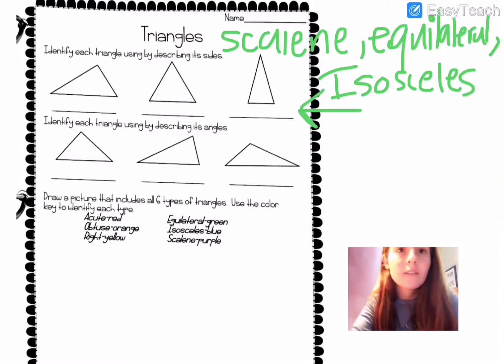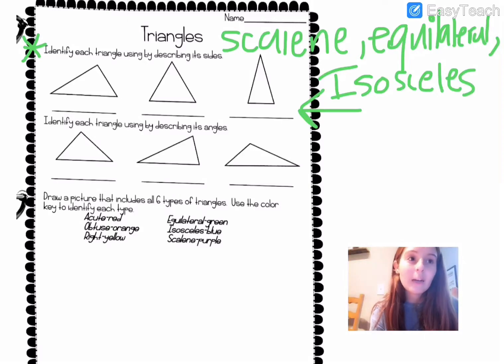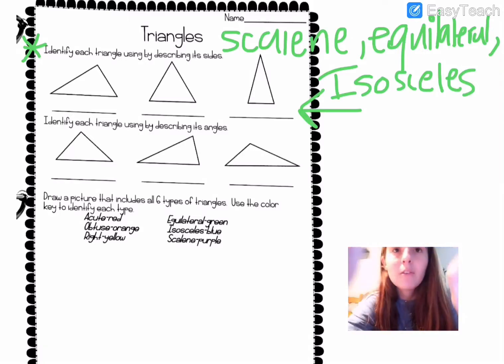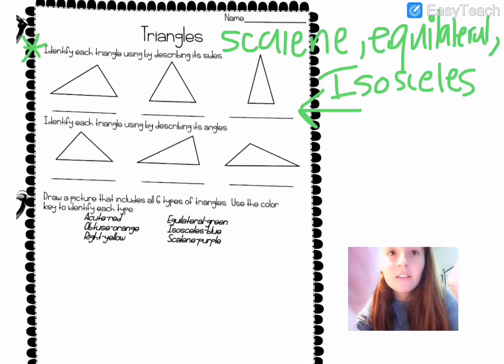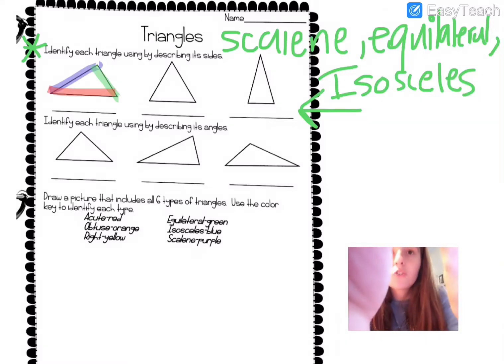Only use scalene, equilateral, or isosceles to label the first 3 triangles. So for instance, if I look at that first one, I'm noticing that all of these side lengths are different. So in this case, this one is going to be a scalene triangle. So I would just write scalene right here.